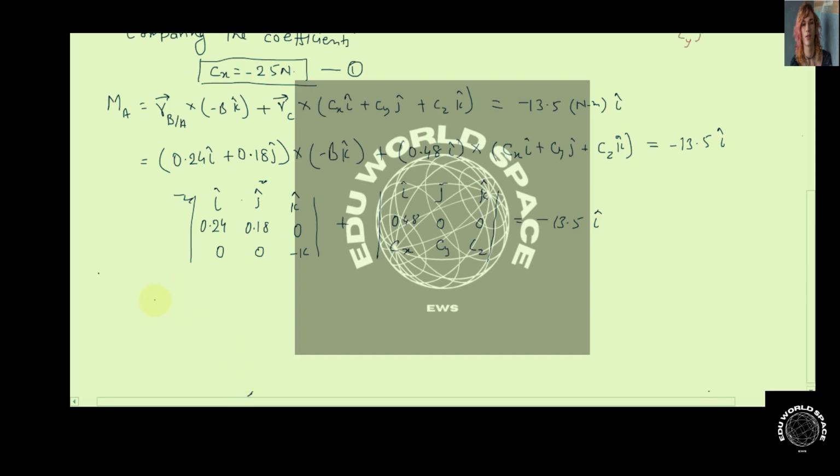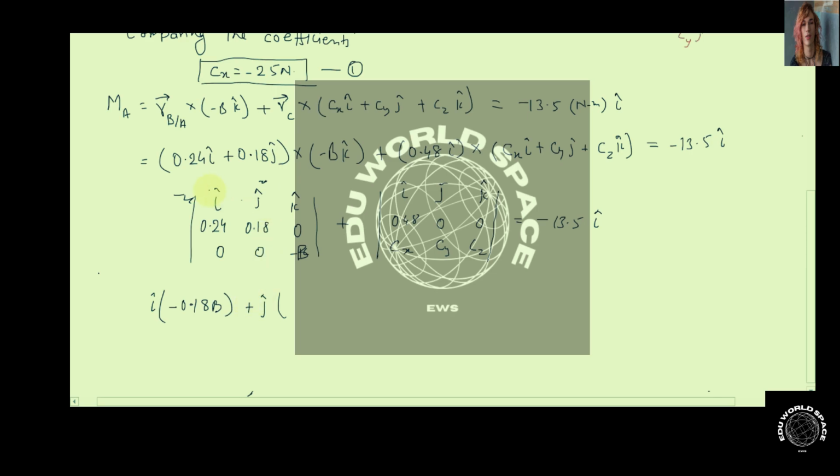Right, so correcting the coefficient of i cap in the first determinant, it will be minus 0.18 multiplied by B, and only this will be there for the coefficient of i cap.